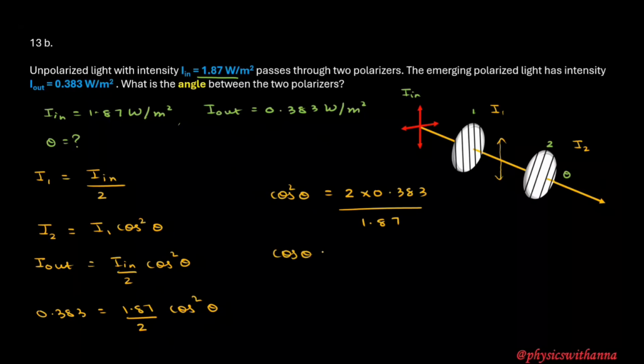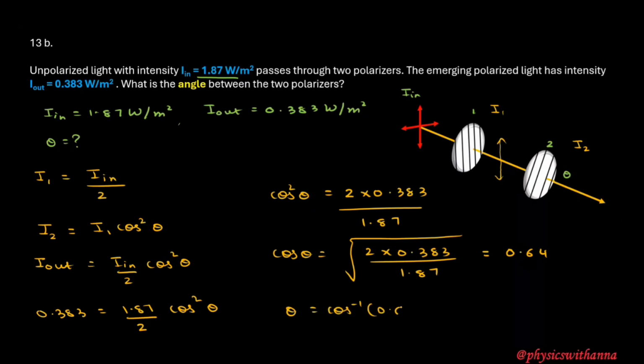So cosine theta will be the square root of 2 times 0.383 over 1.87. That gives the value of cosine theta to be 0.64. Let's take cosine inverse. Theta will be cosine inverse of 0.64, which gives the angle to be 50.2 degrees.